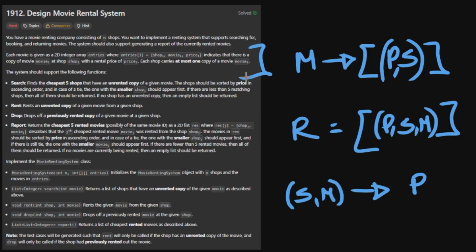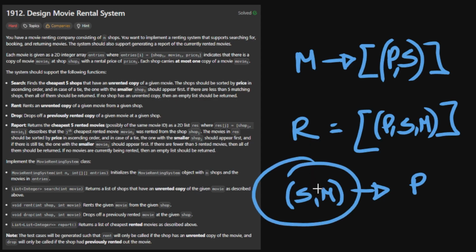Up here, it says that each shop carries at most one copy of a movie. So we know that this combination is unique. So this will be a key for our new map, and the value will be the corresponding price.